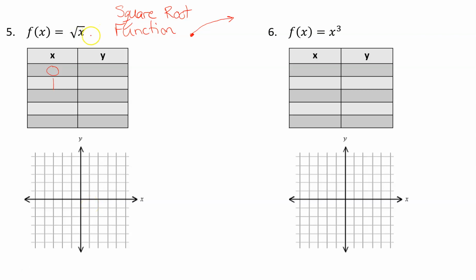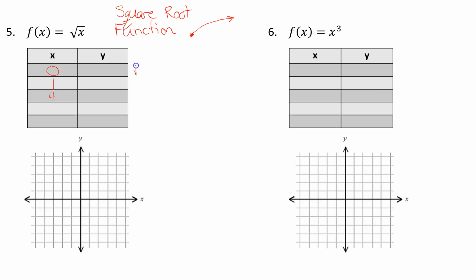So I'm not going to use 2, I'm not going to use 3, but 4 is a perfect square. And the next perfect square is 9, but I didn't make this grid big enough to go to 9 on the x-axis. So we're actually only going to do these 3, 0, 1, and 4 for the square root function.